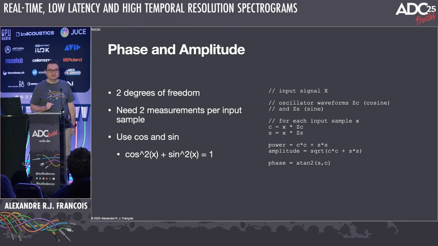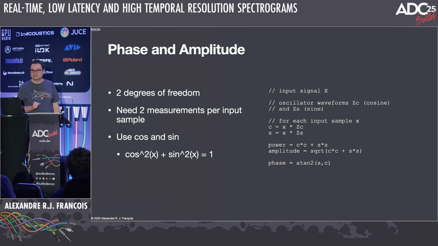And we're going to use cosine and sine, because again, if you paid attention at the quiz yesterday, this is the Pythagorean theorem. The cosine squared plus the sine squared is always equal to 1. So we're going to multiply our input signal sample with the cosine and with the sine.